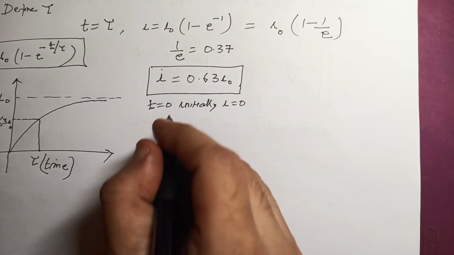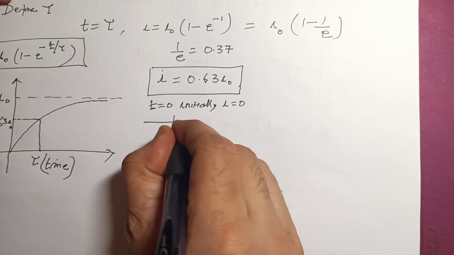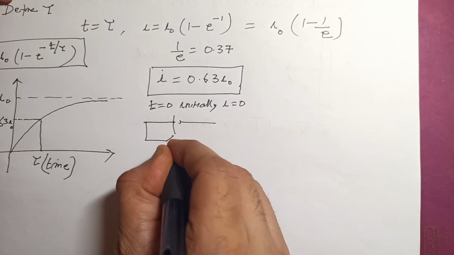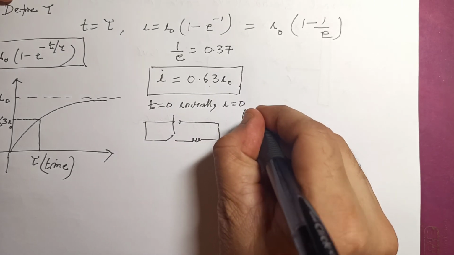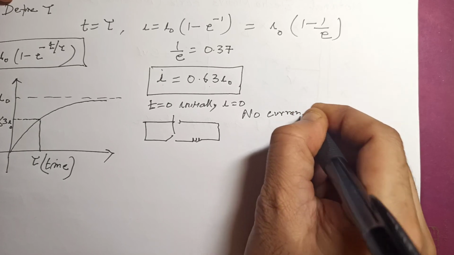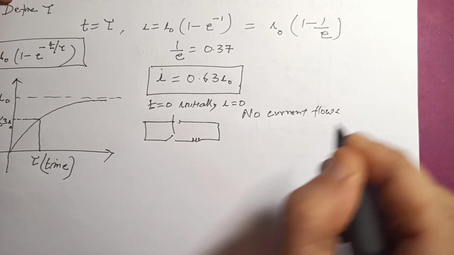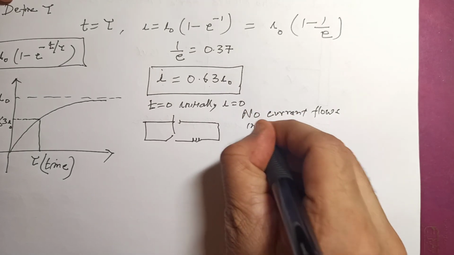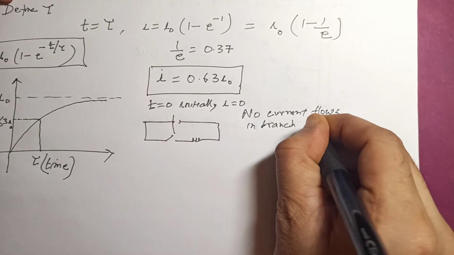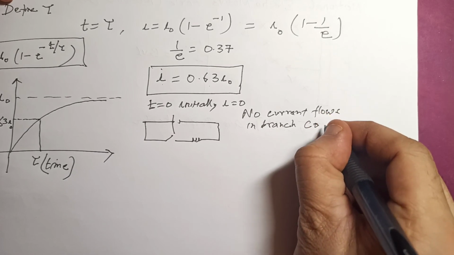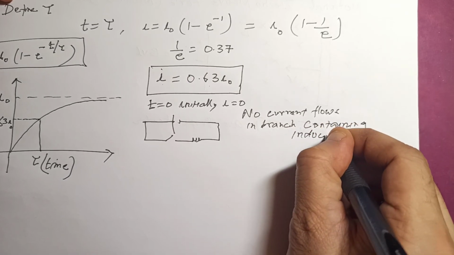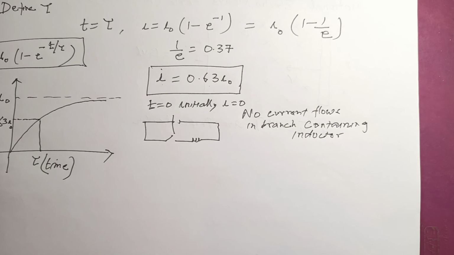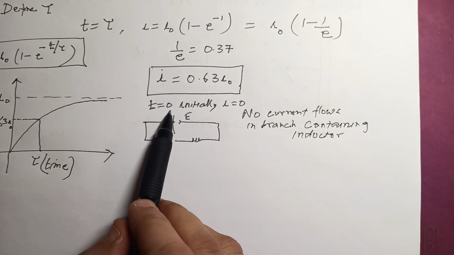In that case, there is no current flowing in this, and no current flows in the branch containing the inductor. So at that point of time there would be no current here when t is equal to 0.